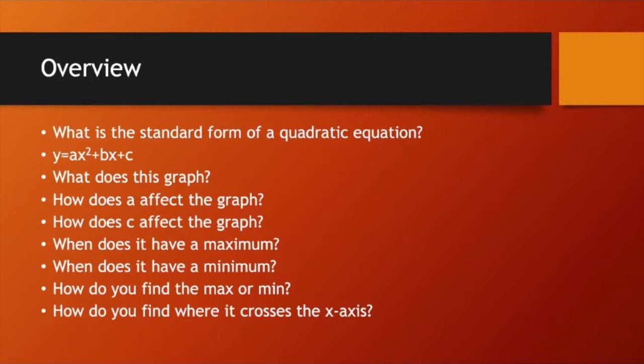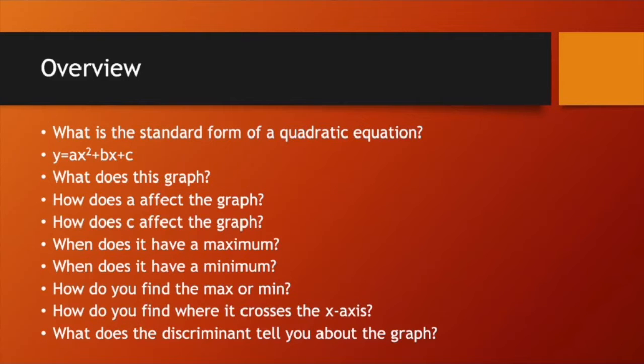It crosses the x-axis where the y value is equal to 0. We have been doing that most of this chapter. We have been finding the solutions by taking the square root of both sides, by completing the square, by factoring, by doing the quadratic formula. We have been finding where it crosses the x-axis all along.